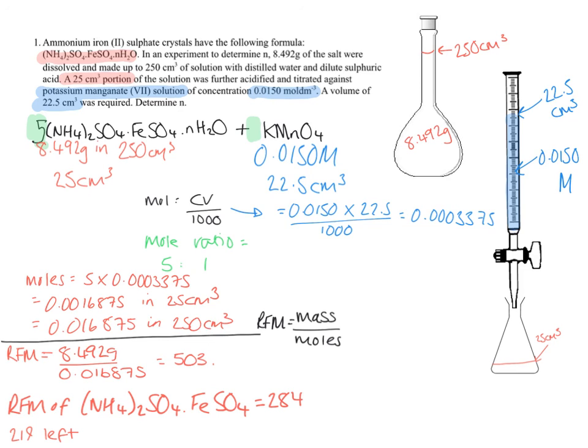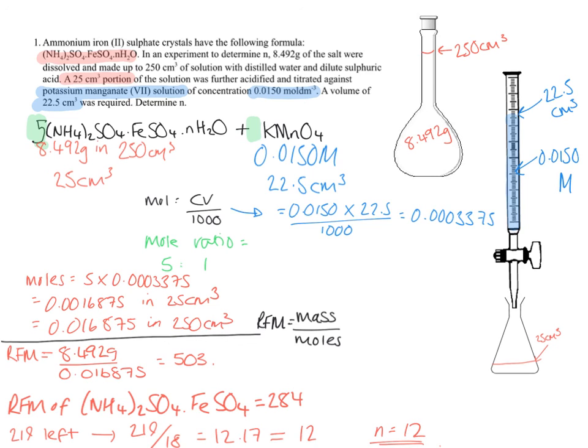Now we know one water molecule weighs 18 because it's 16 for the oxygen and the 2 hydrogens, making it 18. So if we divide the 219 by 18, we will find out how many water molecules were in it and therefore find N. So 219 divided by 18 is 12.17, and we can round that to nearest whole number, which is 12. So N equals 12.